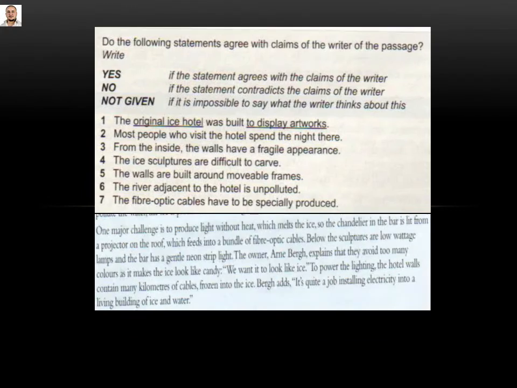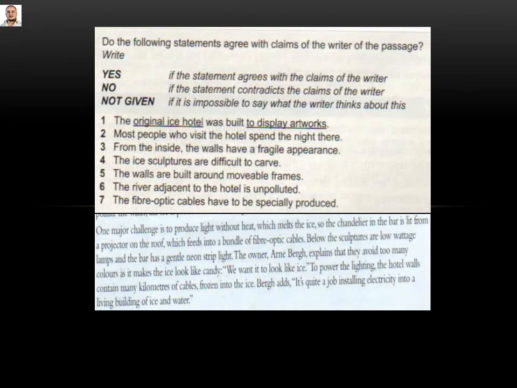Let's see this paragraph. One major challenge is to produce light without heat, which melts the ice. So the chandelier in the bar is lit from a projector on the roof, which feeds into a bundle of fiber optic cables. Below, the sculptures are lit by low wattage lamps, and the bar has a gentle neon strip light.